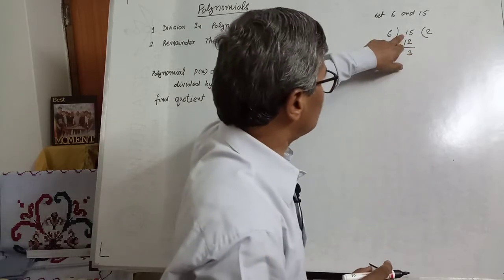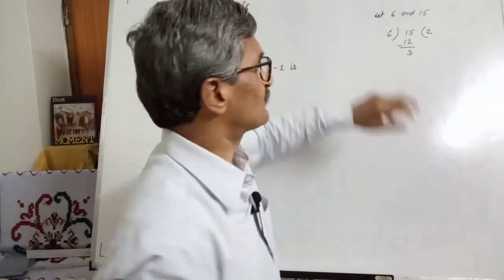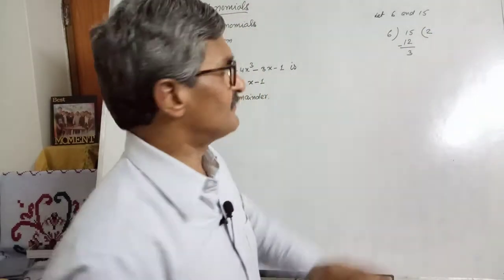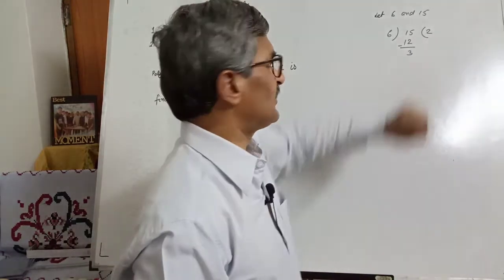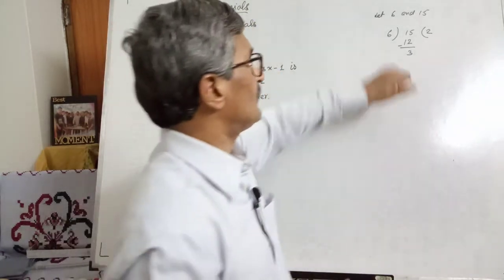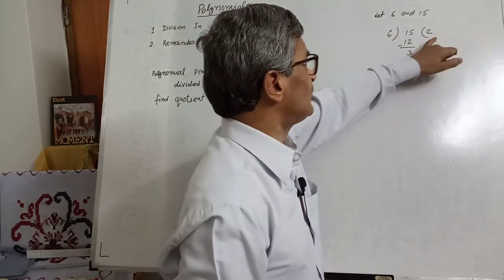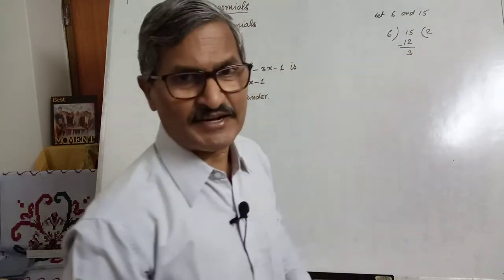Here this 15 is dividend, 6 is divisor, and 2 is quotient, and here 3 is remainder. Divisor, dividend, quotient, and remainder.